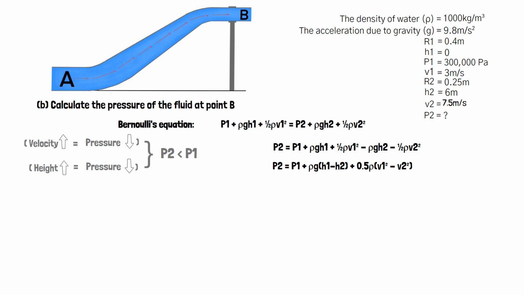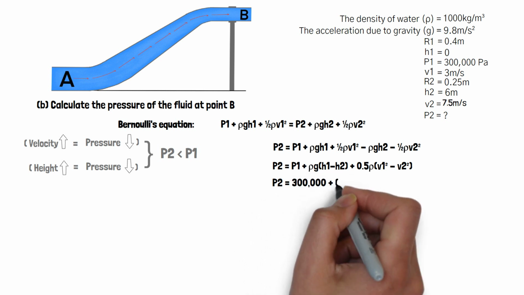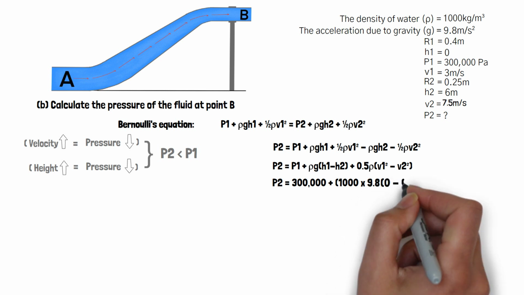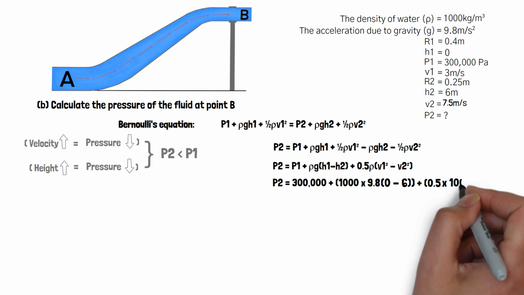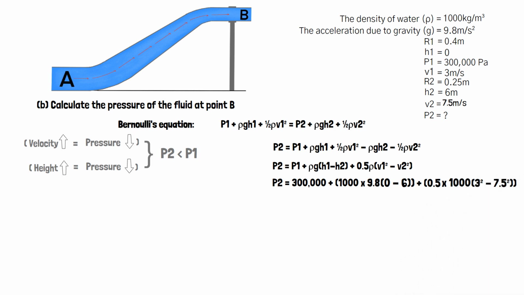Once this is done, we can go ahead and plug our numbers in to find P2. So we know that P1 is 300,000, ρ is 1000, g is 9.8, H1 is 0, H2 is 6, half ρ is 1000 again, V1 is 3, and V2 is 7.5.